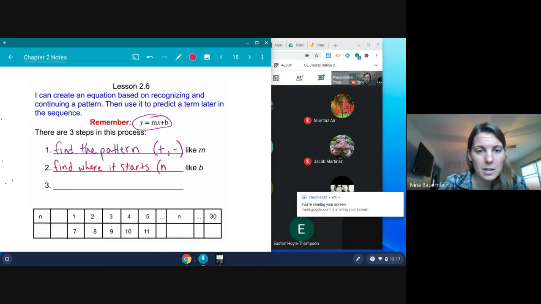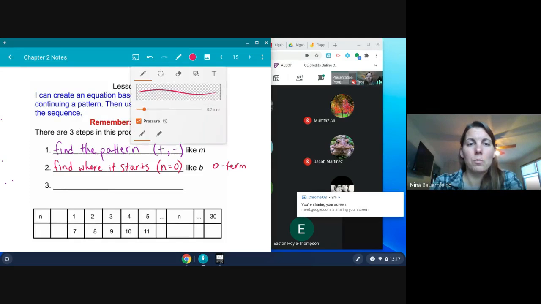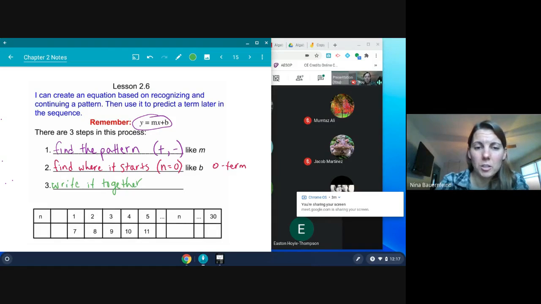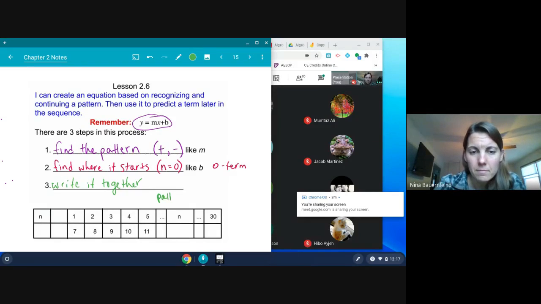So that's n equals 0. Like this guy, we have to find the 0 term, is what it's called. I'll refer to it often as the 0 term. And then the last step is to put it together. So basically what it's going to look like is pattern times x plus the 0 term.